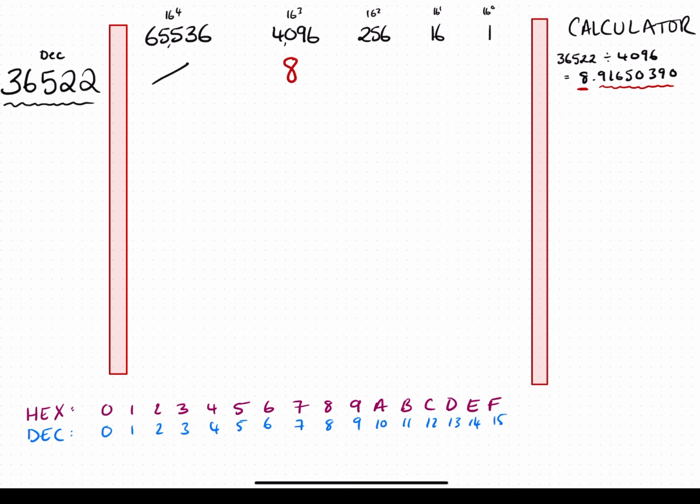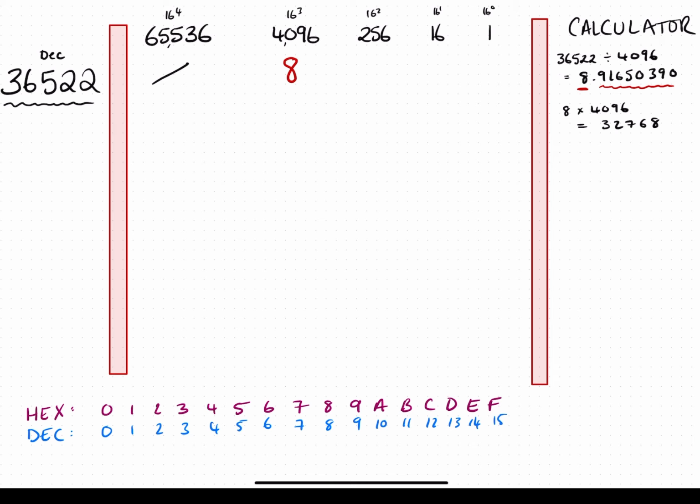Now, when I take away those 8 4096s from my original number, I need to know what the remainder is. So to do that, I need to know what 8 multiplied by 4096 is. So again, I go to my calculator, 8 multiplied by 4096, and I get 32768. To get the remainder, I need to know the difference between that number and the original number.